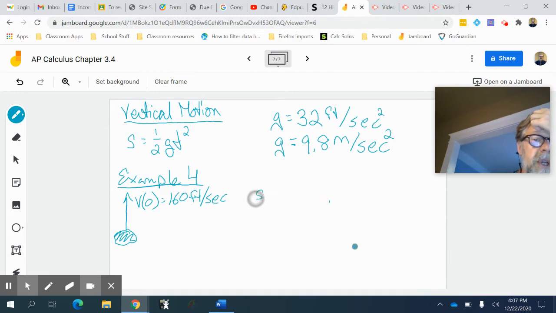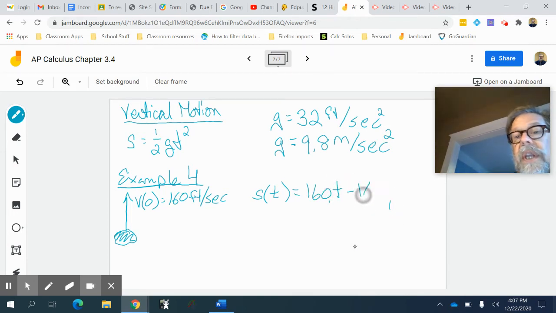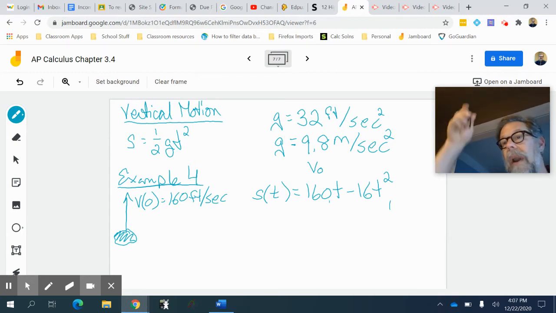The position of the rock can be modeled by 160t minus 16t squared. And you'll notice that this is your initial velocity. So basically what you've got is how far up have I gone based on the initial velocity minus, and then we've got gravity dragging us back down again.